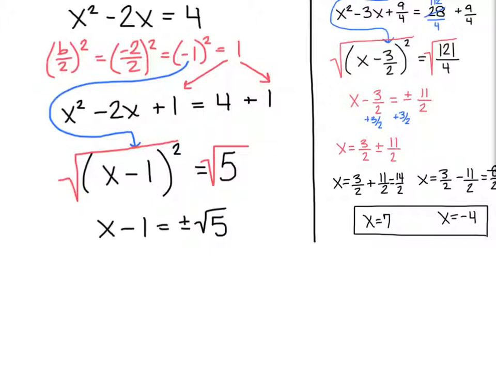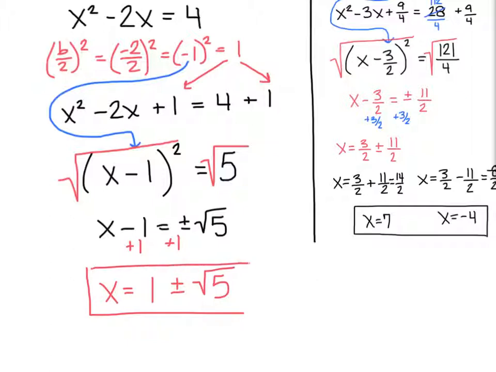Add 1. Yep. So we get x equals 1, I'm going to put my 1 in front of the plus minus to keep it organized. And without making a decimal, we can't combine those, so those are your answers, because you actually have 2.